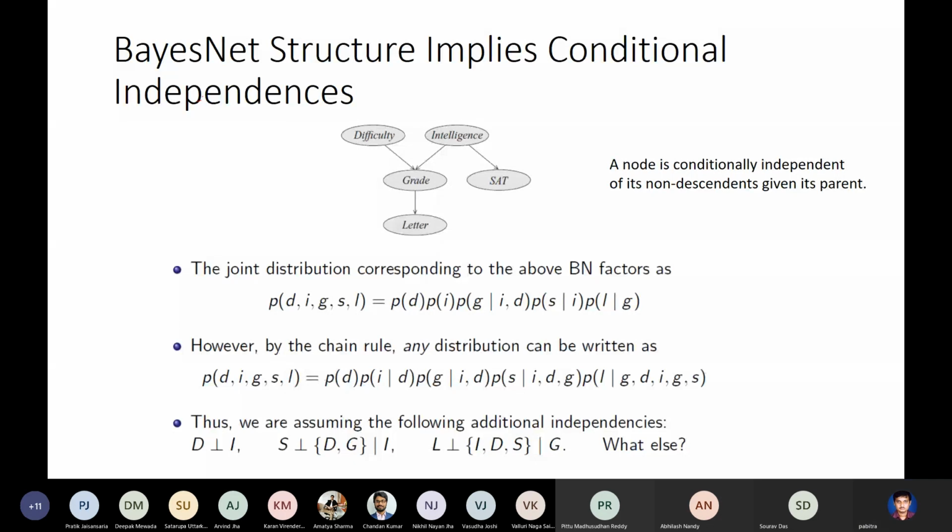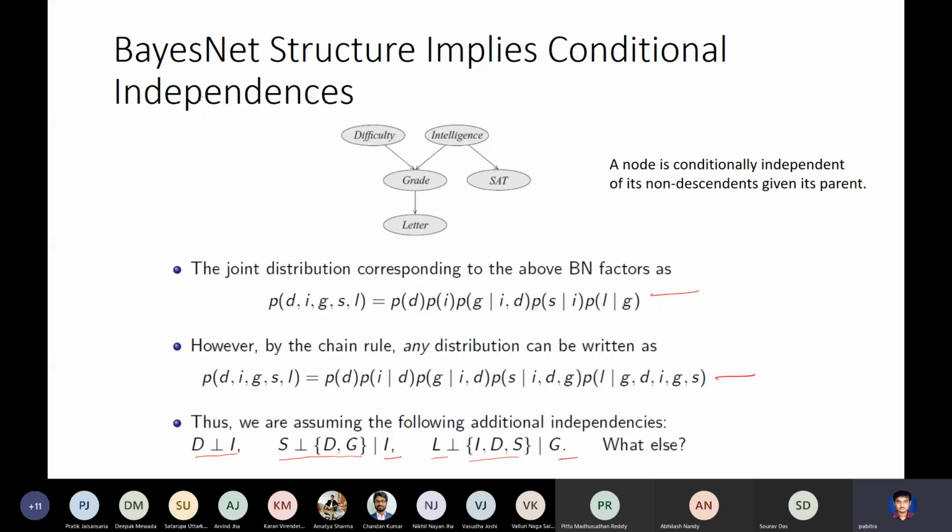Say here I find these independences: D is independent of I, S is independent of D and G given I, L is independent of I, D and S given G. If we just compare this factorization and this factorization, you will come up with these independences. So since independence is also a factorization, to identify conditional independences, you just look at the factorization of the graph.